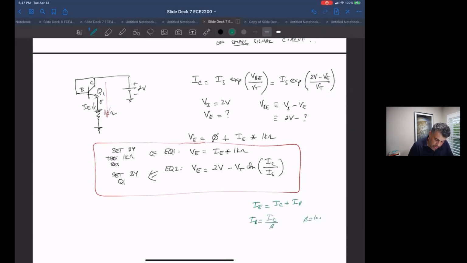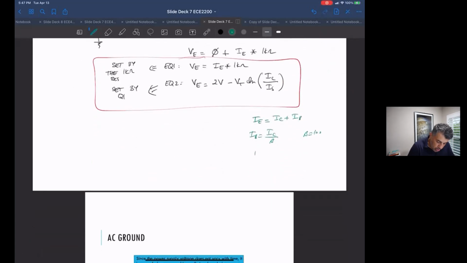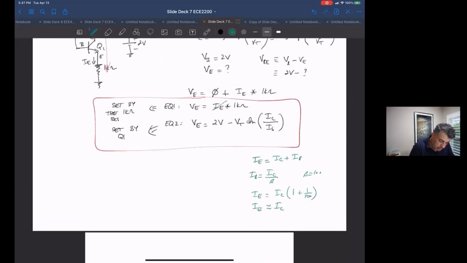Beta they gave to us is 100. So I sub E is equal to I sub C times (1 plus 1 over 100). And so I'm going to claim that, because this number ends up being 1.01, which is almost 1, I sub E is approximately I sub C. Okay, so I'm going to call this I sub C.